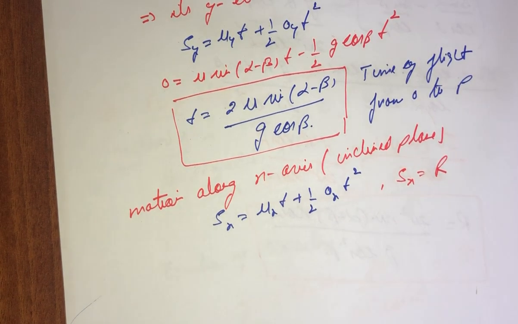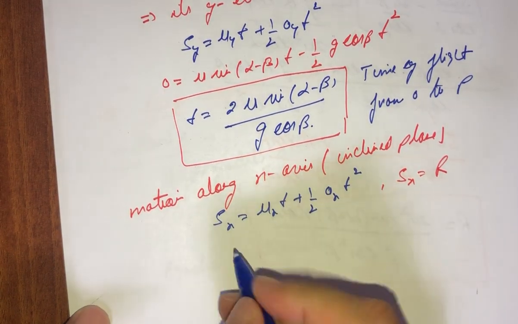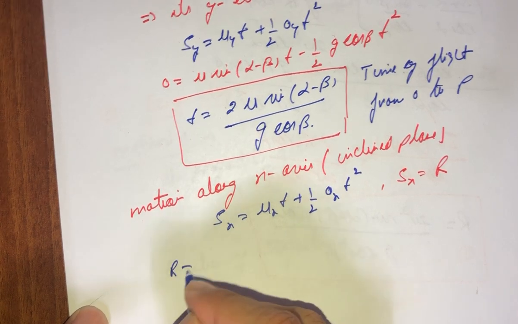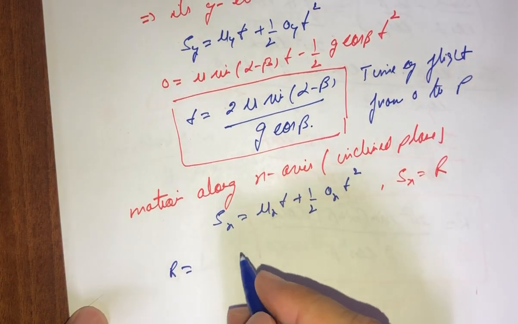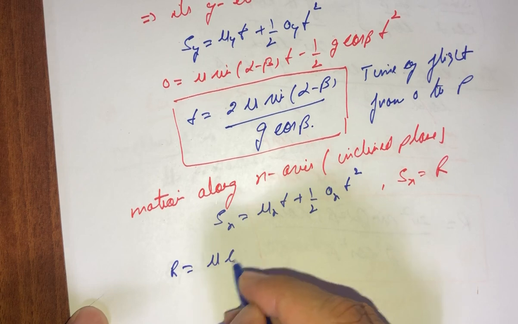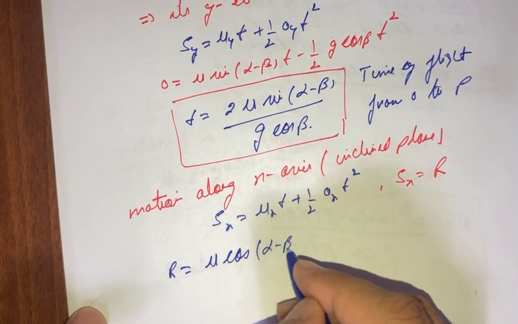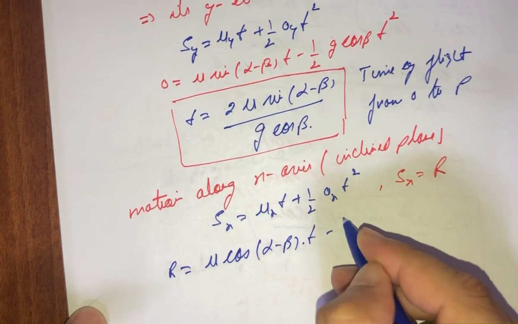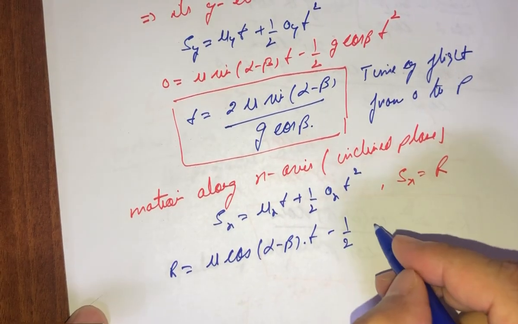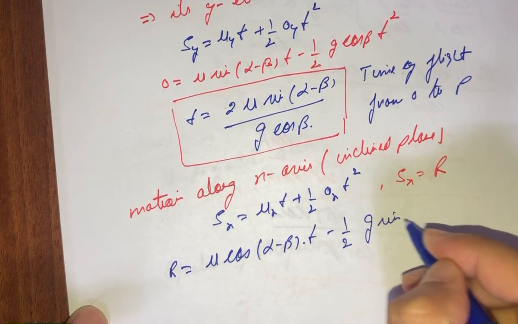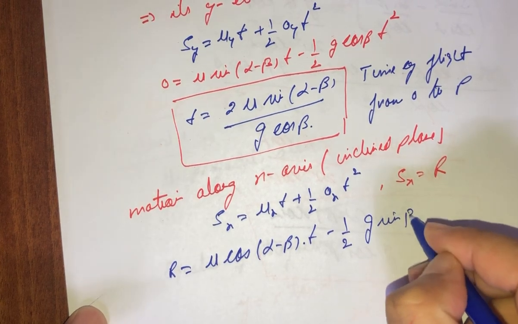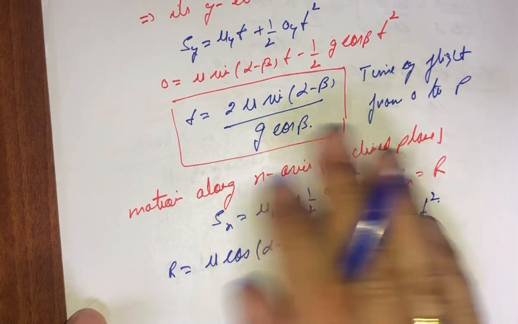So if we put the values, Sx is r, so we put r is equal to ux, we already know is u cos of alpha minus beta into t minus half g sine of beta and t square.